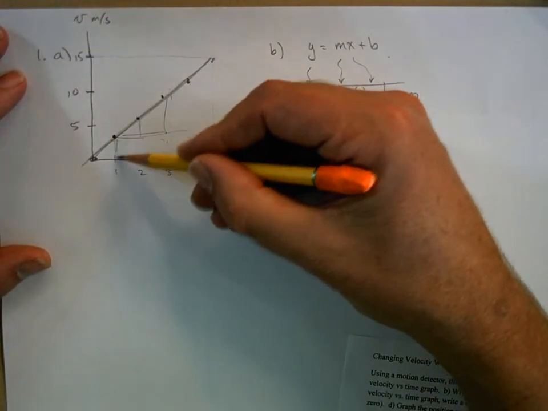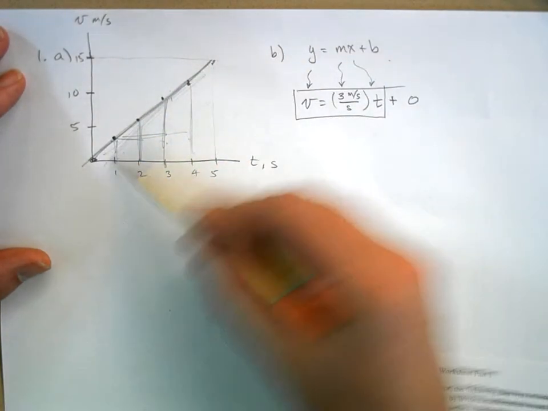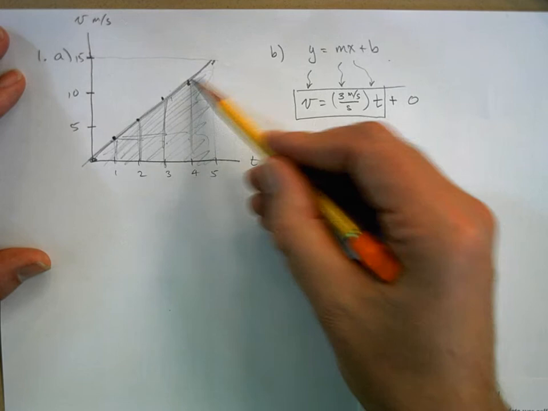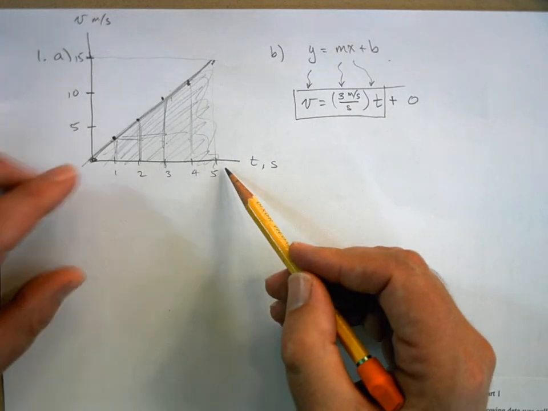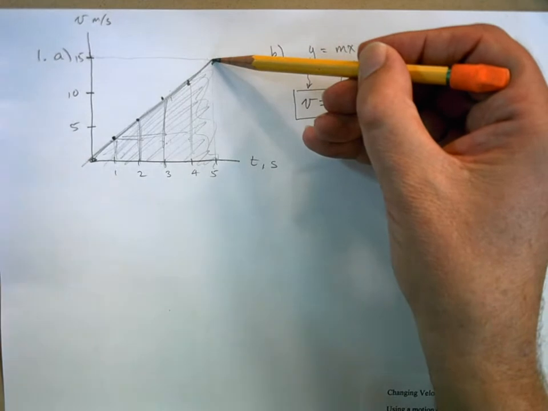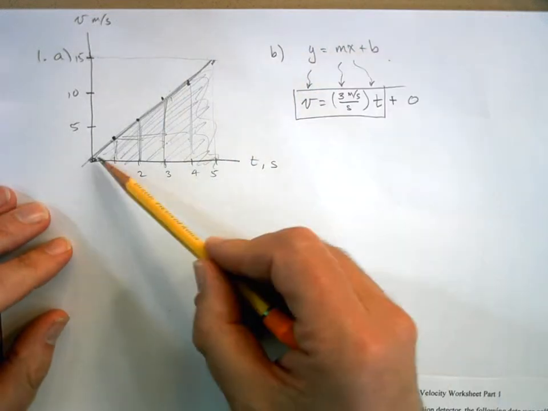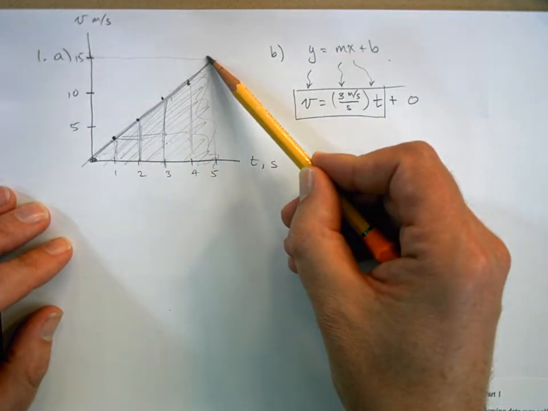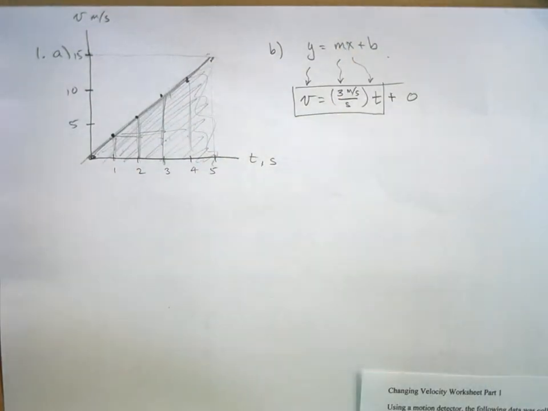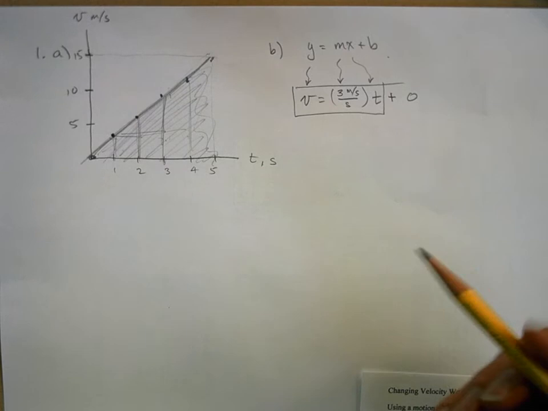So the area underneath the whole thing here is, well, it's a triangle. If I went 15 meters per second for 5 seconds, that would be 75 meters, right? But a triangle, you're cutting it in half. So what's 75 divided by 2? Is that 37.5, I think? Is that right? Okay. So I end up going 37.5 meters total.